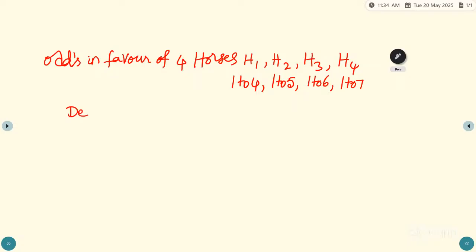Assuming that a dead heat is not possible, what is the chance that one of the horses wins the race?